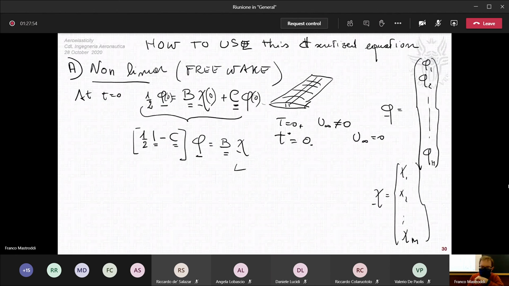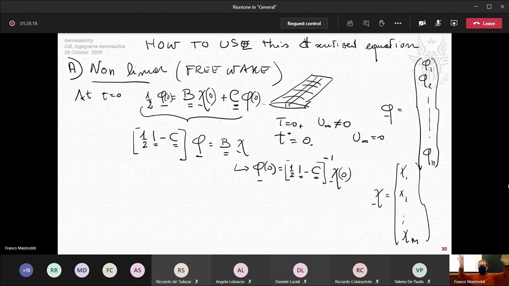And then you can evaluate your potential flow at initial time by inverting this matrix, applied to key, at the initial time. Okay, so you have the first picture of your flow. You have evaluated phi around the body surface only. First step.